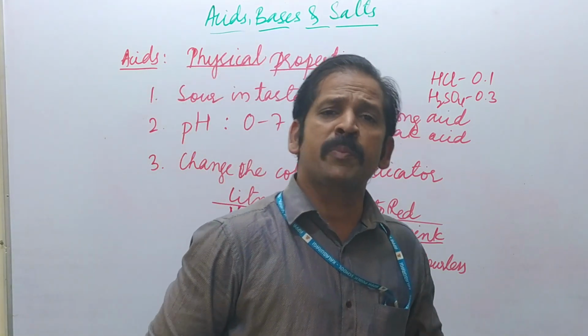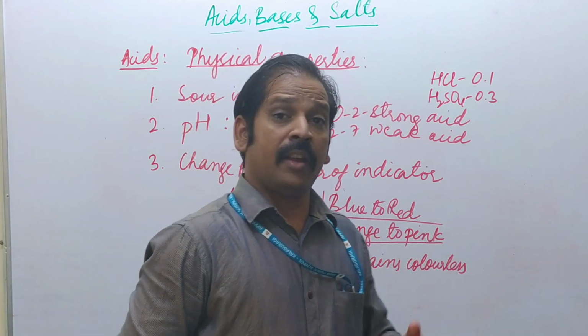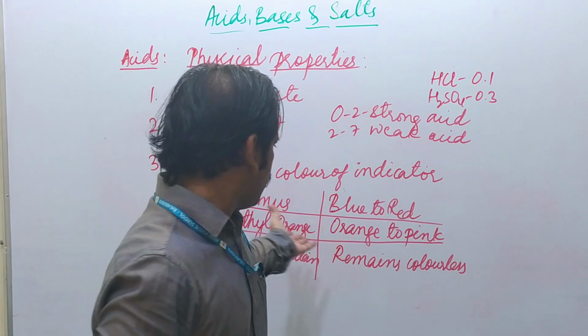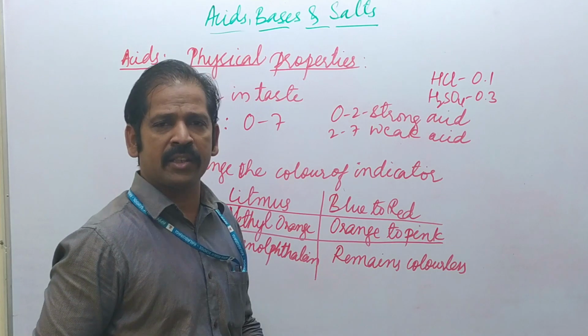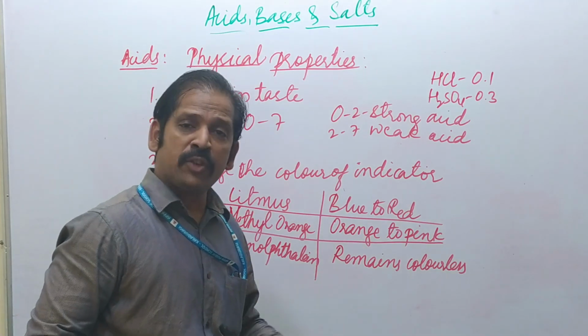Okay, the fourth chemical is a natural indicator. Litmus, methyl orange and phenolphthalein are artificial indicators. Now we'll go for one more natural indicator.